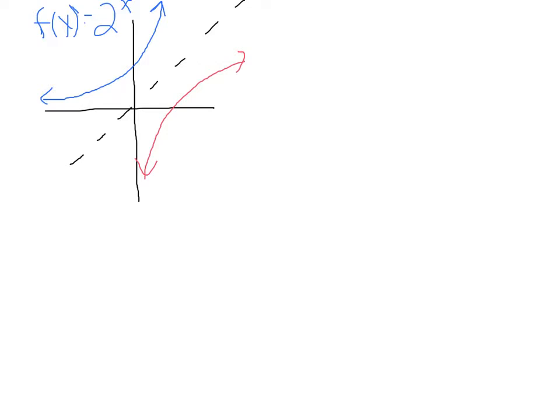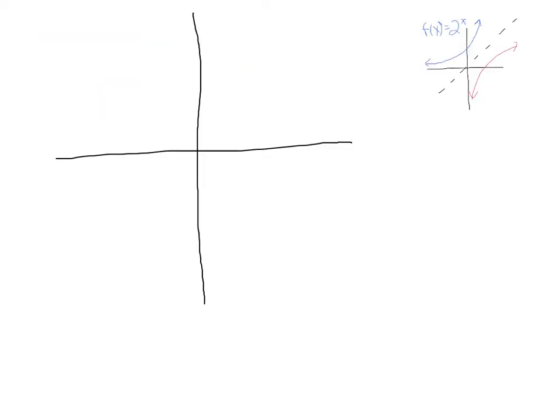If we have an exponential decay, we might get a different scenario. If we had the decay function g of x is equal to, we'll say, 0.5 raised to the x power, this is a curve that's going to decay and get closer and closer to the x-axis.